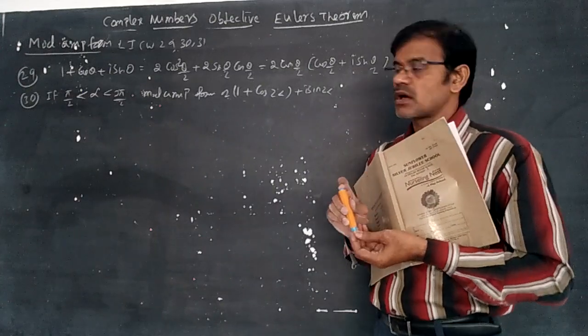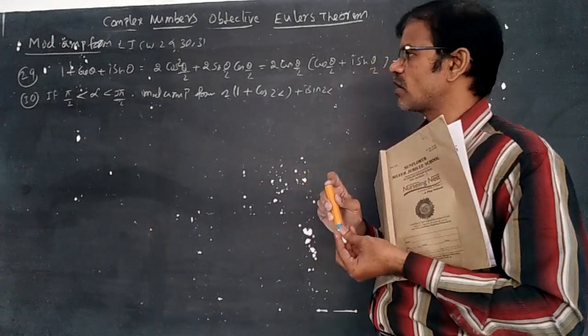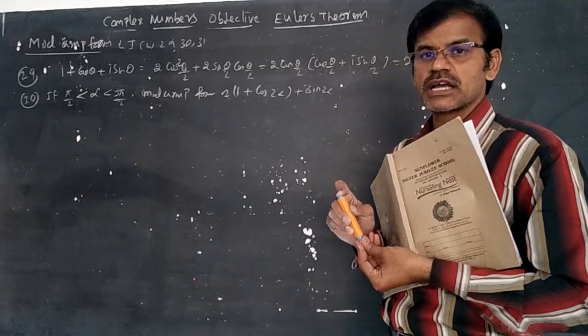Here, pi by 2 is less than alpha less than 3 pi by 2. So alpha may be in the second or third quadrant.